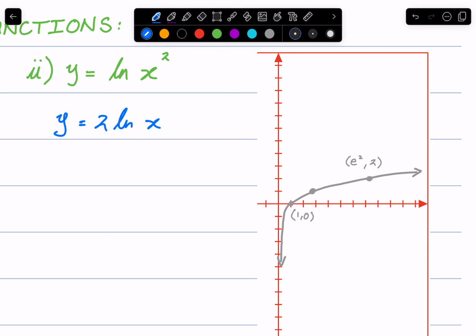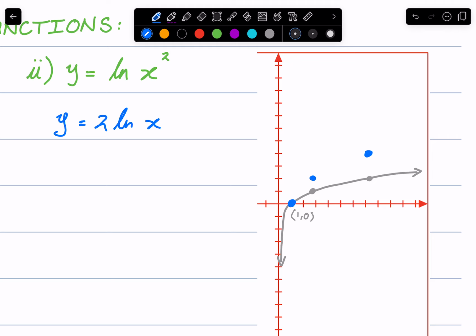So this point has been moved up to 2. E squared, this point here, has been doubled to an output of 4. And with the scale of this graph that we have, there's not much more we can go from here.